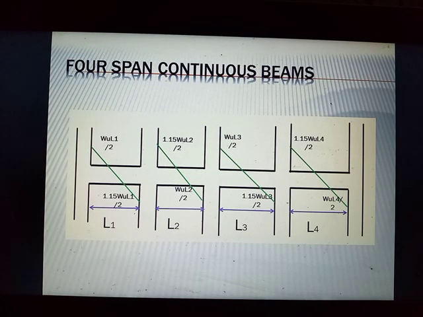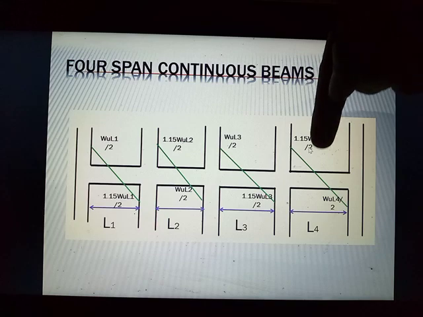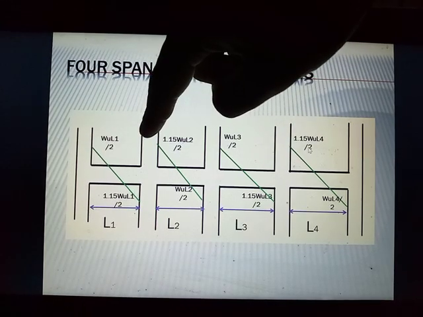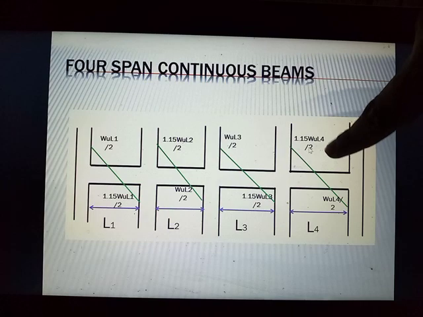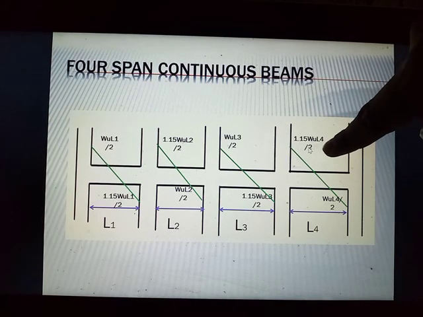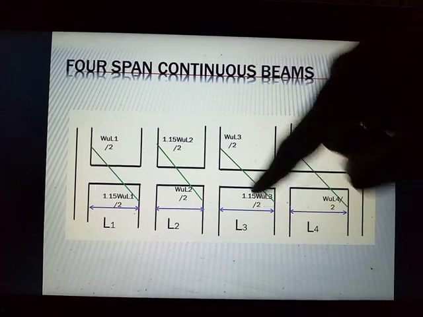The ones with 1.15 Wu Ln over 2 are those at the faces of the first interior supports only. So this one and this one should have the coefficient of 1.15 Wu Ln over 2 respectively.